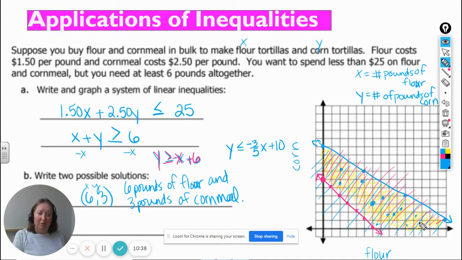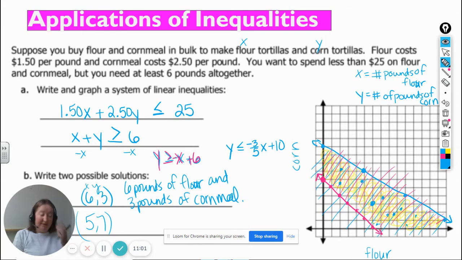All of these combinations would work, including right on this line, right? Including right on that. What would that mean? That would be 5. And then I think it's 6. 1, 2, 3, 4, 5, 6. Oh, it's 7. So over 5 and up 7, that would work as well. What does it mean, this point?